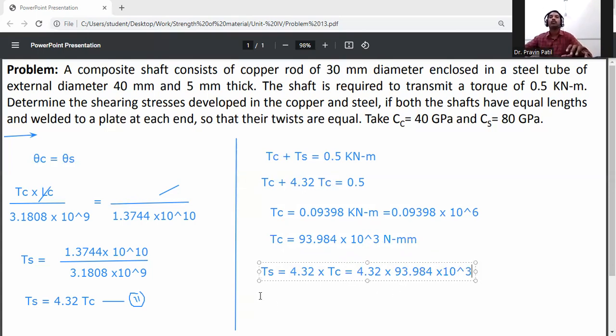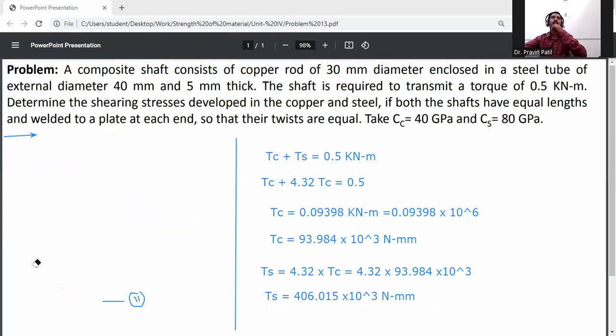We get 406.015 into 10 raised to the power 3 Newton mm. So this is the torque developed in steel and copper. Now calculate the shear stress induced.